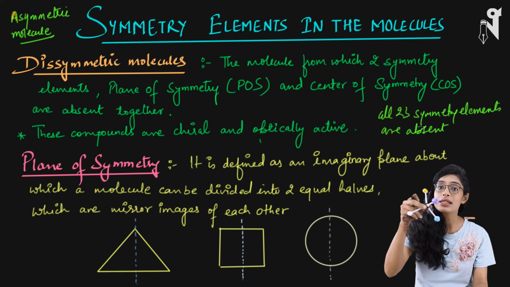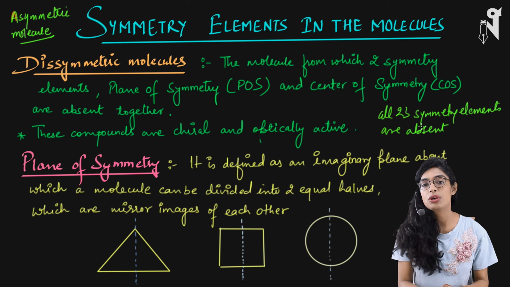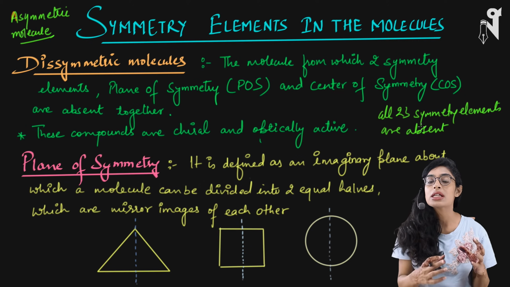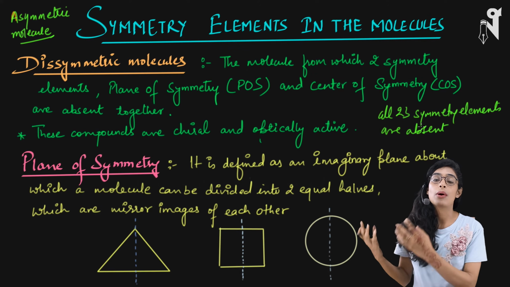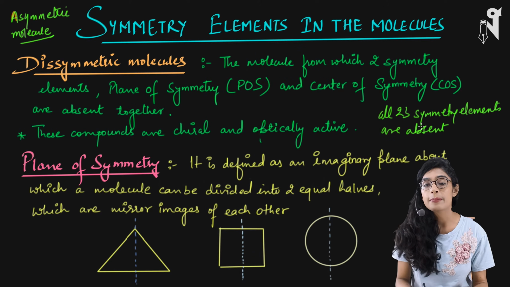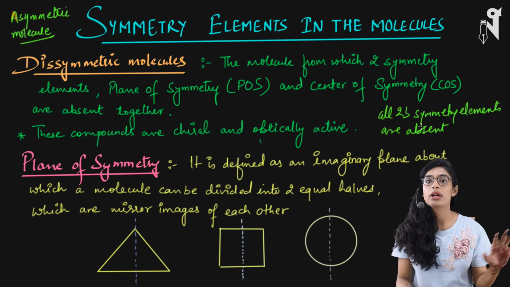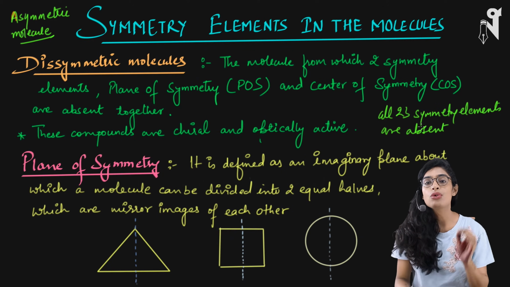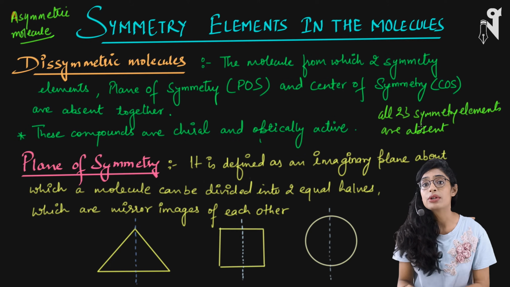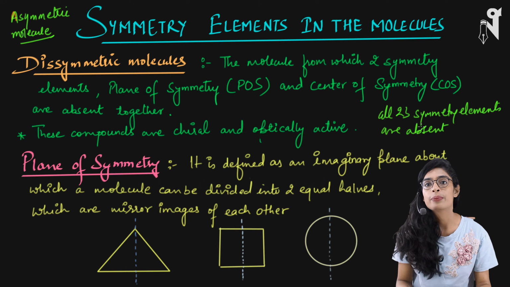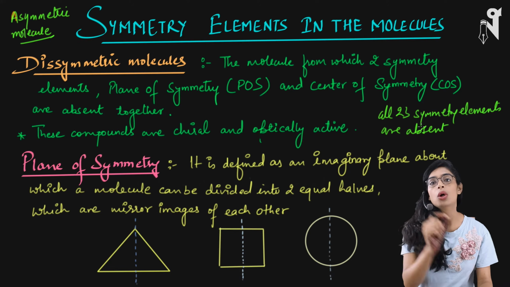In this compound all 23 are absent, but there would be cases where some other symmetry elements are present. In that case, how will we ensure whether the molecule is chiral or not? By looking at only 2 symmetry elements. So if I have to check the symmetry in a molecule, I will not check all 23, only 2, and that will help me decide whether the compound is chiral or not chiral.